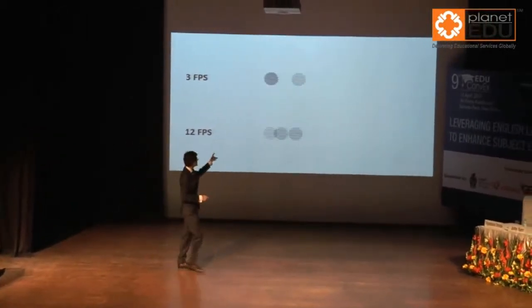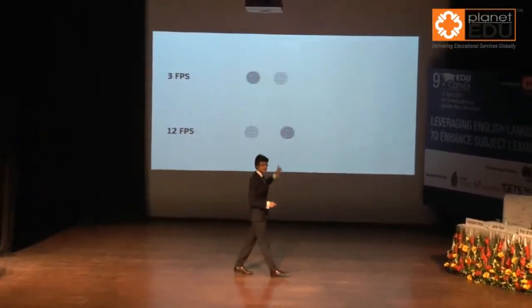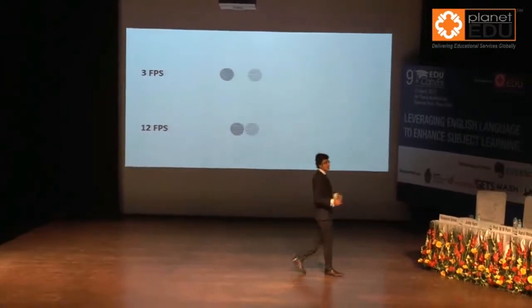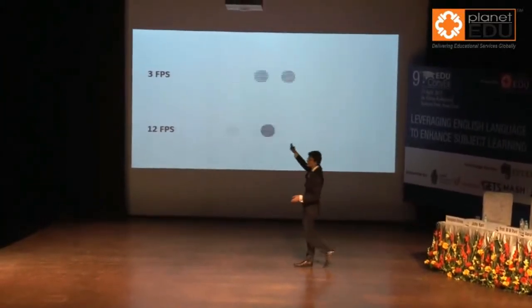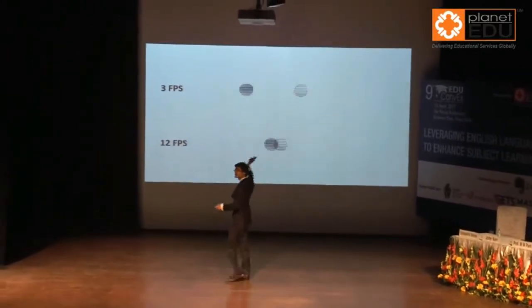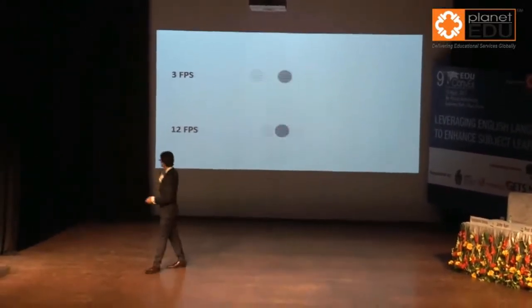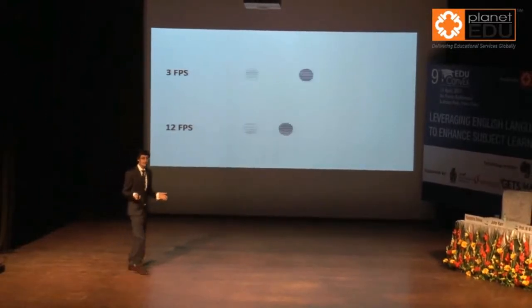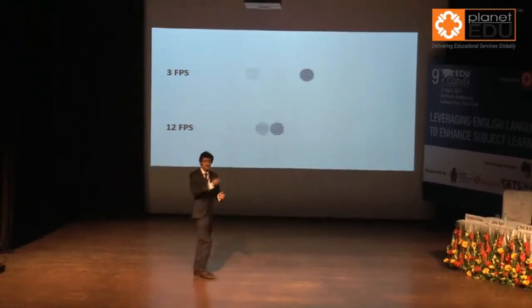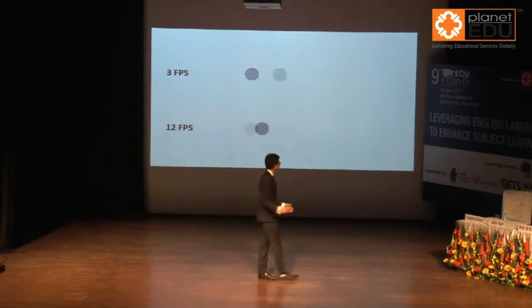That's an example of 3 frames in a second, where it's trying to indicate how a circle moves from one place to the other. As we can see, it's quite flickery, it's breaking, and it's not smooth at all.